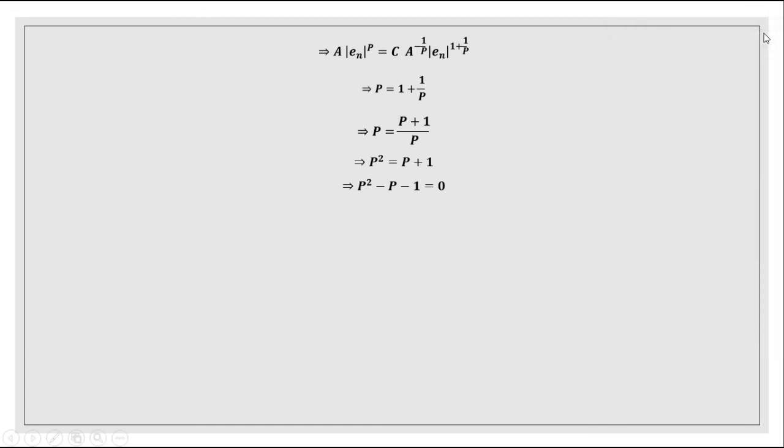So p will be equal to, after solving this quadratic equation, p will be equal to 1.62, and this shows that the order of convergence of the secant method, or the order of convergence of Regula Falsi or method of false position, because sometimes we call the Regula Falsi method the method of false position.